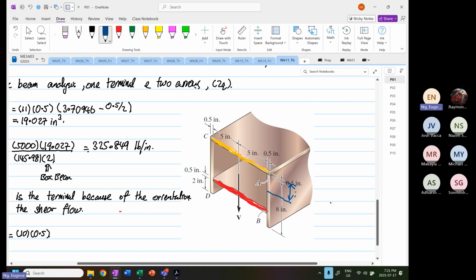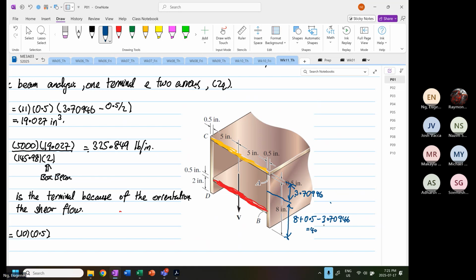The distance from here to here would be 8 plus 0.5 minus 3.70946, which is equal to 4.79054.